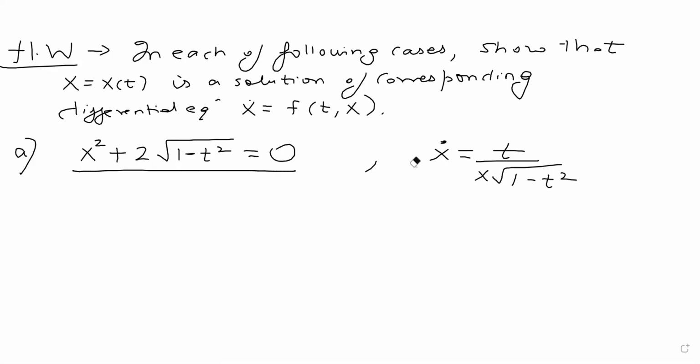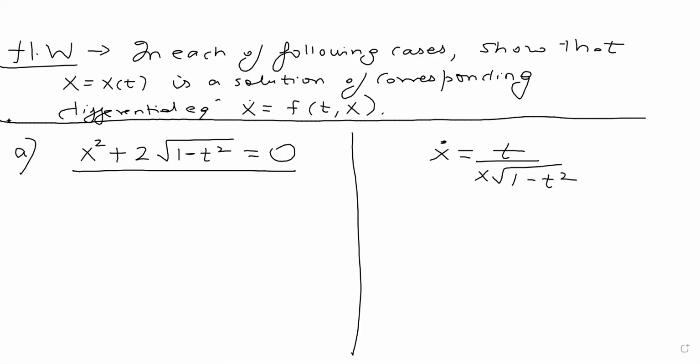So basically I can write it like this to make it more systematic. Basically on the left hand side you have the solution, and on the right hand side you have the differential equation.